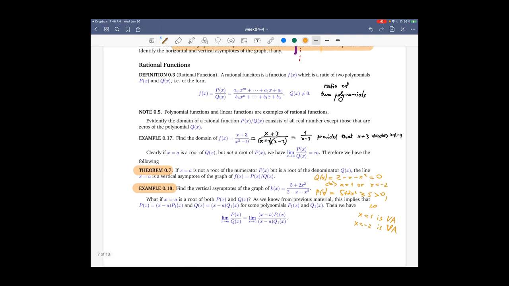So a being a root of p implies that x minus a is a factor of p. Well, that means, by the very definition of what it is to be a factor, that polynomial p can be written as x minus a times some other polynomial, let's call it p1 of x.